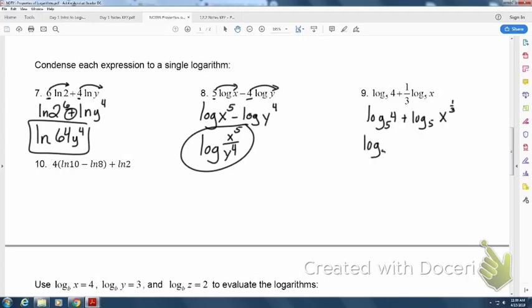So I'm going to have log base 5 of 4, but now kind of like above we had the square root that we changed to x to the power of 1/2. Here we have x to the power of 1/3. We want to change that to the cube root. So that is going to be that one, completely condensed.